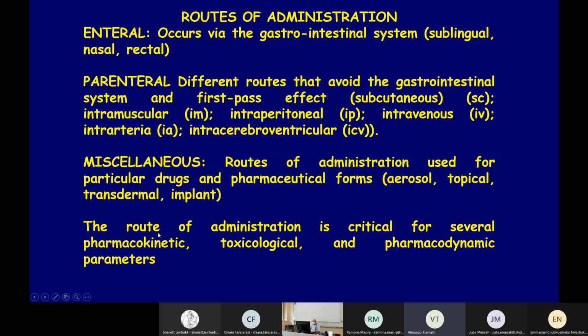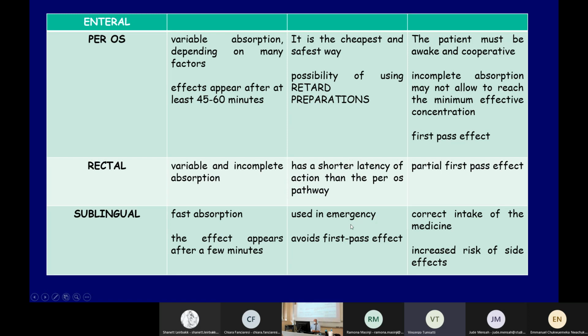But the concept is that the route of administration is critical for several pharmacokinetic, toxicological, and pharmacodynamic parameters. Once again, you have a scheme: per os, by mouth, variable absorption, depending on many factors.